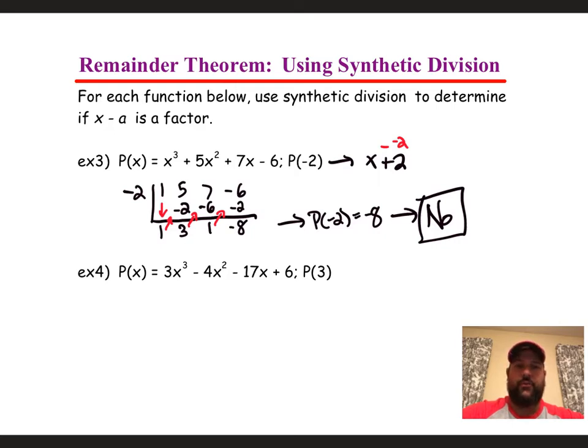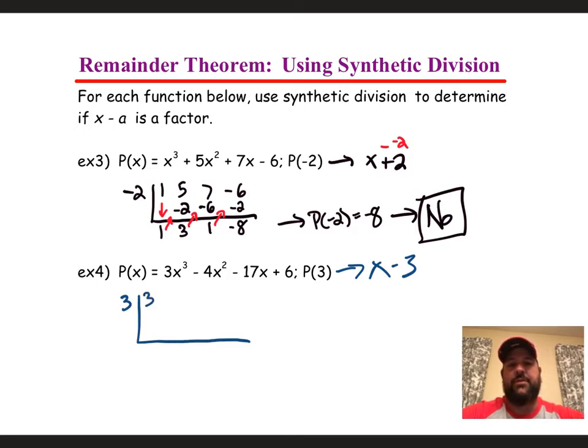All right, so hopefully you did this. Let's check. Here we're checking to see, is x minus 3 a factor? So we're going to plug in 3 for our a value, and we're going to have our coefficients across the top here. So 3, -4, -17, and then 6. And we're going to bring down the 3, and let's go.